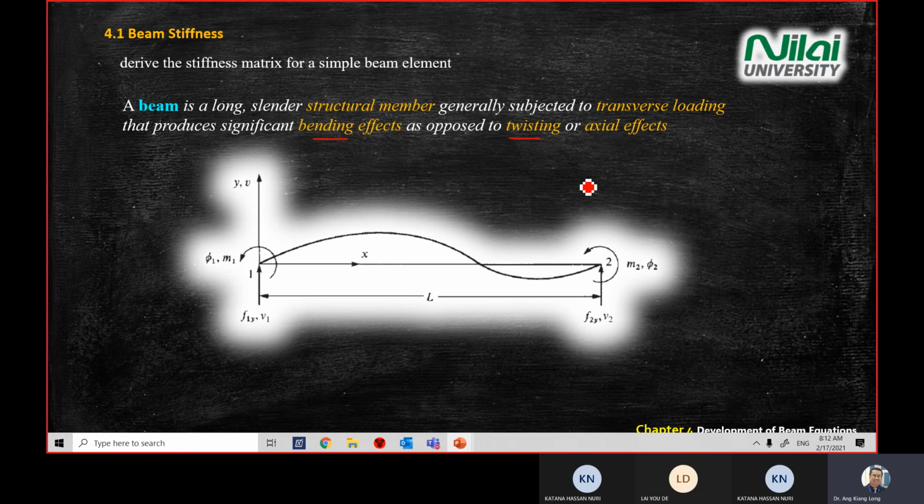So axial effect, what do I mean by axial? For example, if you have a tube or a cylinder, let's say you have x-axis and y-axis. If you have a pulling force along the x-axis at the center of the cross-section, let's say you have a tensile force, a positive force at both ends.